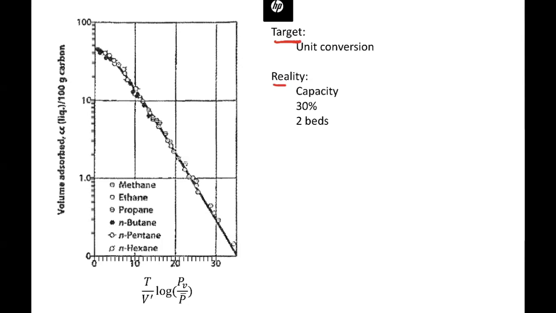And then in reality, we need to further calculate how much activated carbon we should use to absorb this amount of VOC. Generally we'll use a capacity of around 30% because we don't want to use all of this activated carbon, otherwise it's going to get saturated. And we also design 2 beds, basically 2 absorbers in parallel to absorb these VOC species.